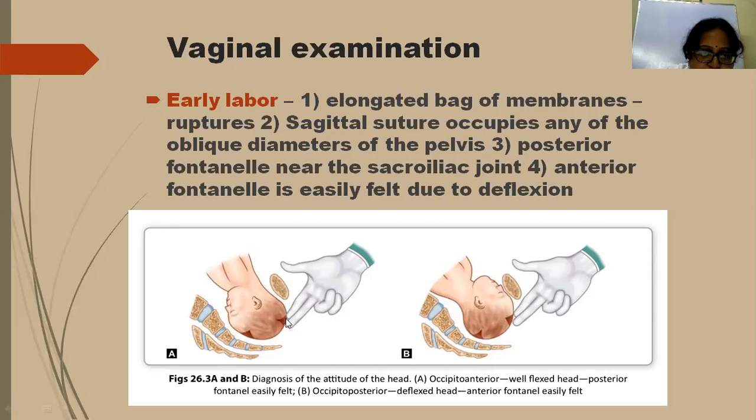This is how it is in the occipito-posterior deflexed head. In the occipito-anterior position with a well-flexed head, you feel the posterior fontanelle easily, but in a deflexed head with occiput posterior, you feel the anterior fontanelle easily.